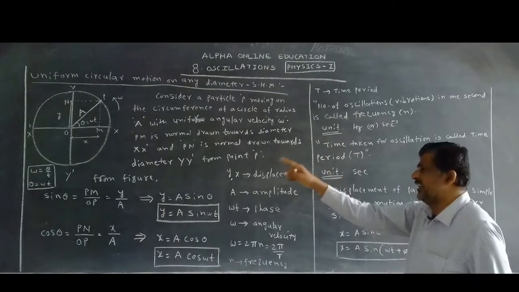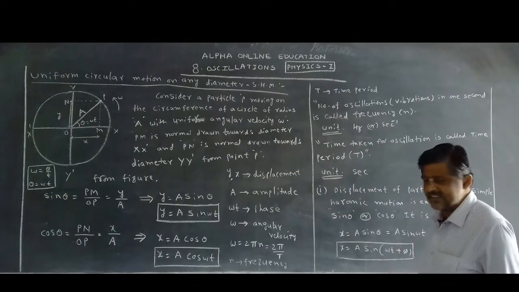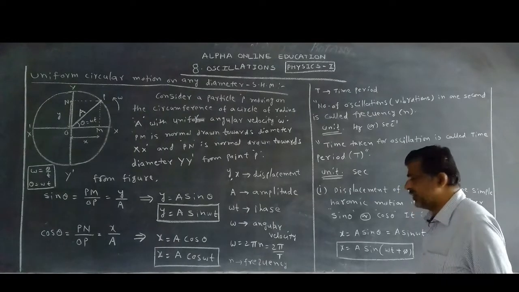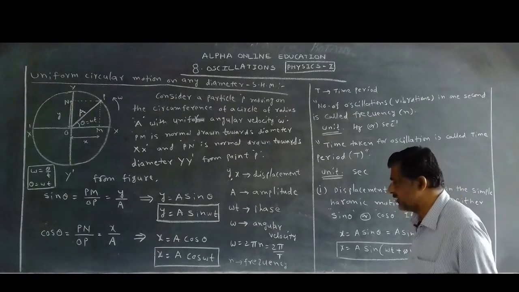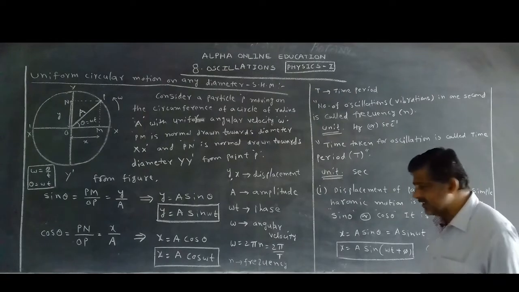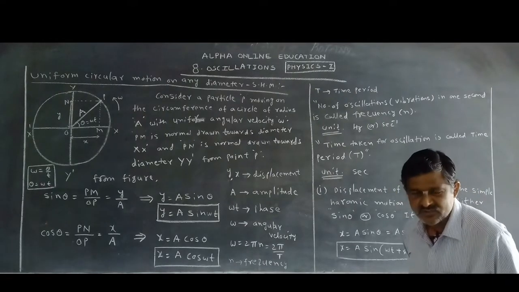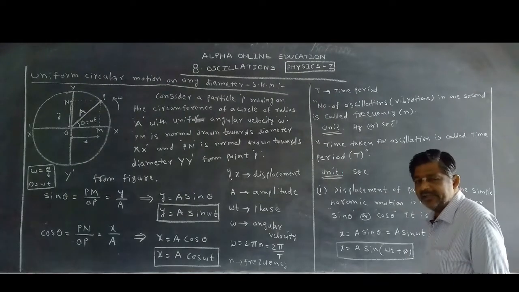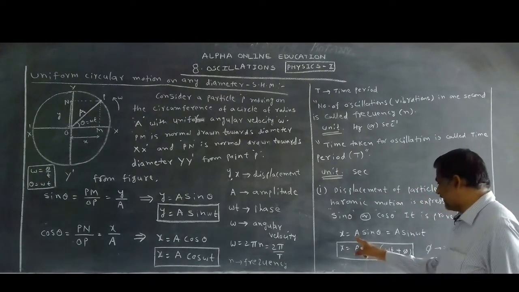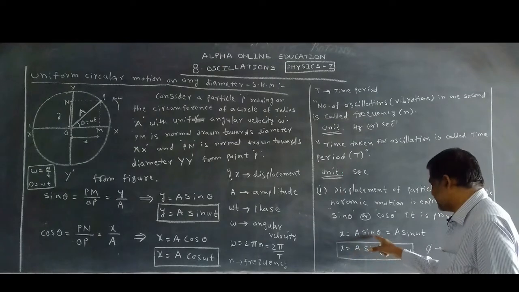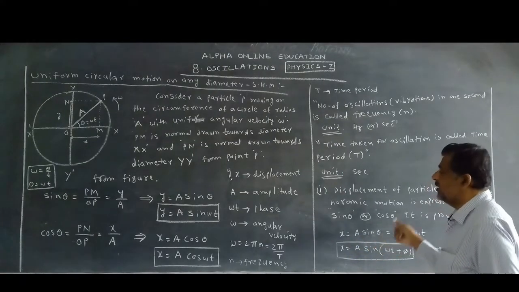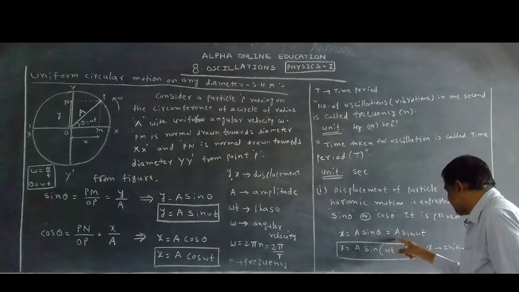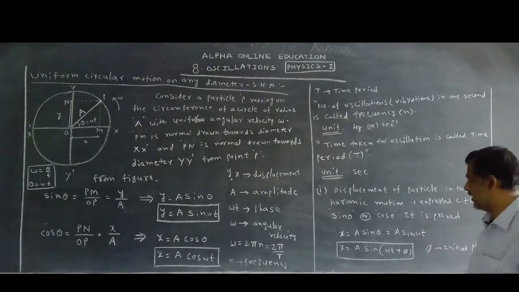From the diagram we will get y is equal to a sin theta and x is equal to a cos theta. But don't worry about it. It is not compulsory to write y is equal to a sin theta and x is equal to a cos theta. Now here I have taken x is equal to a sin theta, where theta is omega t. That's why x is equal to a sin omega t.